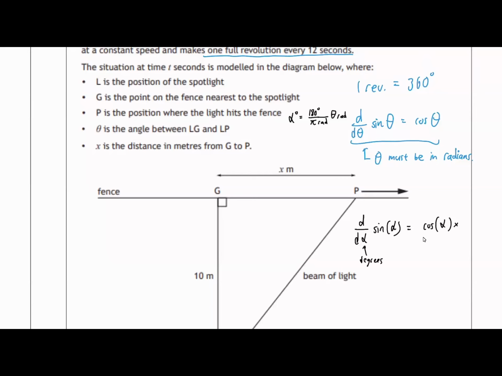So you actually need to, oh, sorry, this should be theta in radians. This guy is degrees. Then you multiply by the derivative of alpha with respect to theta, which in this case will be 180 over pi.